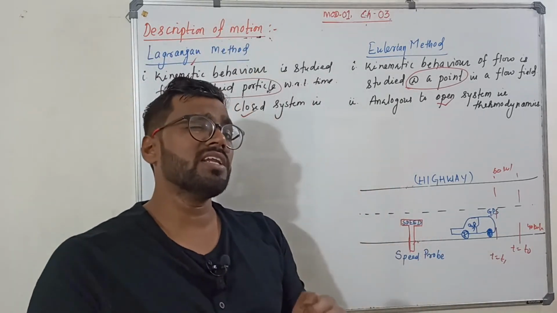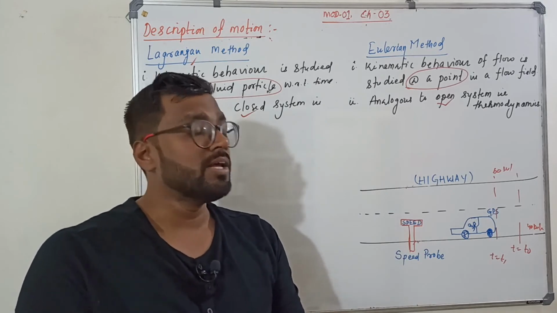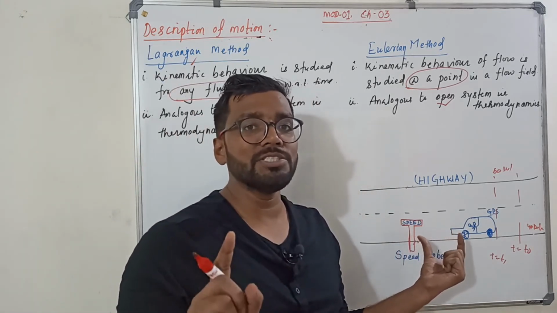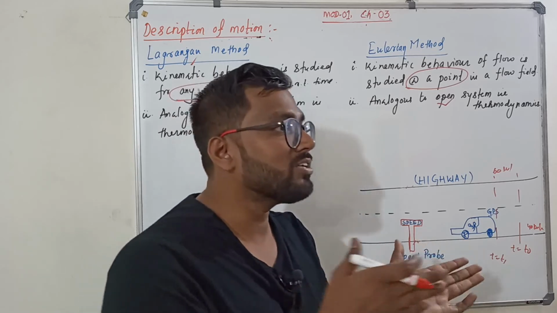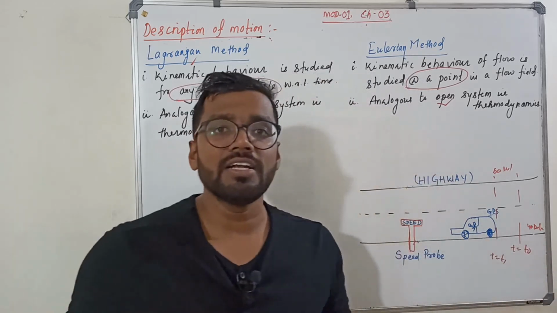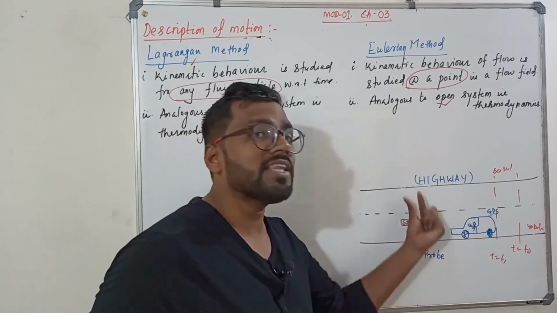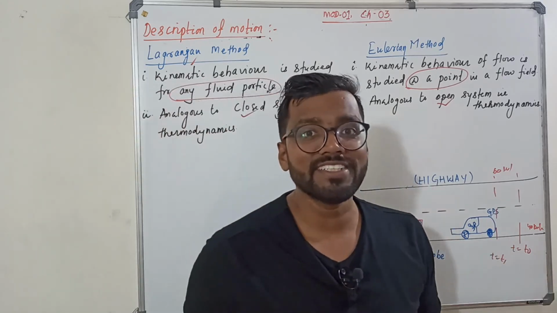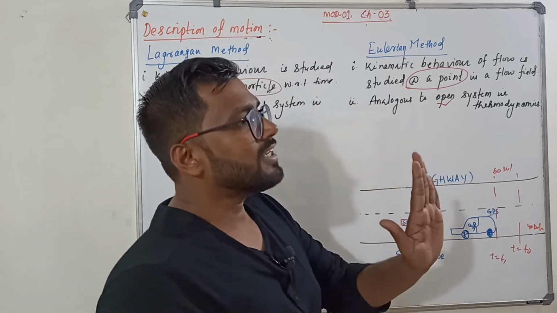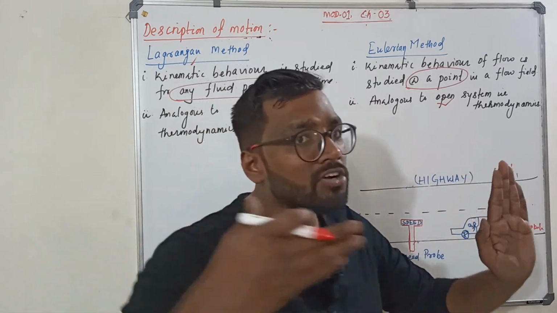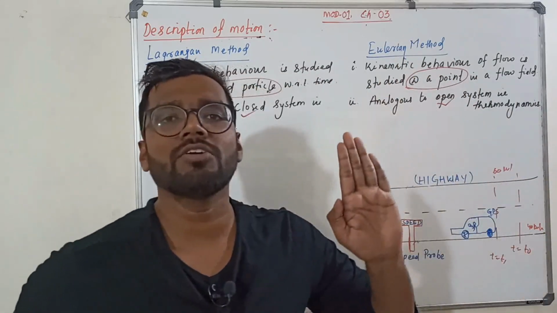Now, you are going on a national highway. You know there is a speed probe, an instrument for checking the speed limit. You cannot cross 150 km per hour or 100 km per hour, so to test that, they have speed probes on national highways. And you cross that probe, zoom. At what speed did you cross?